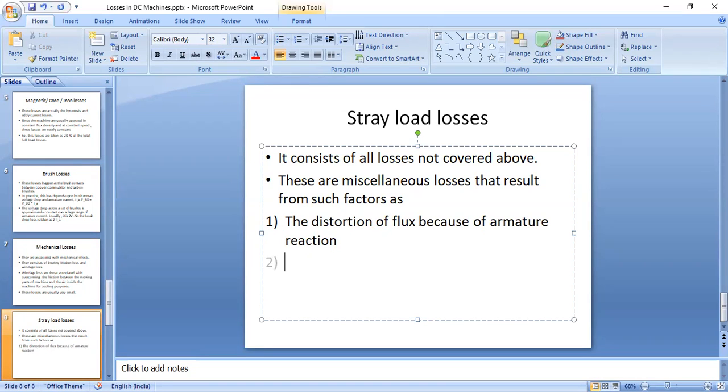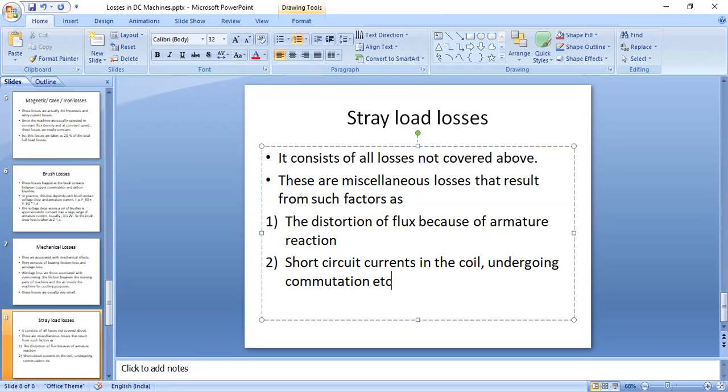Then the second one is short circuit current in the coil undergoing commutation, etc. It is due to the short circuit current losses in the coil that is undergoing commutation.